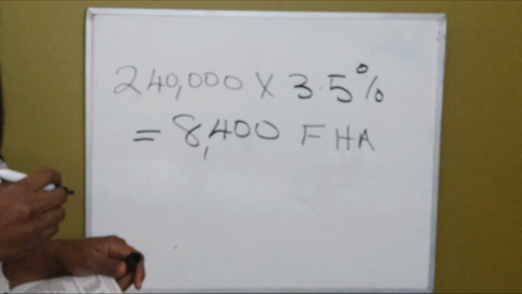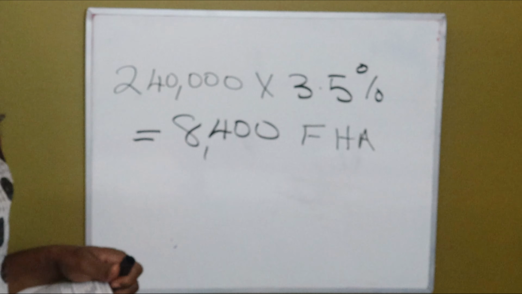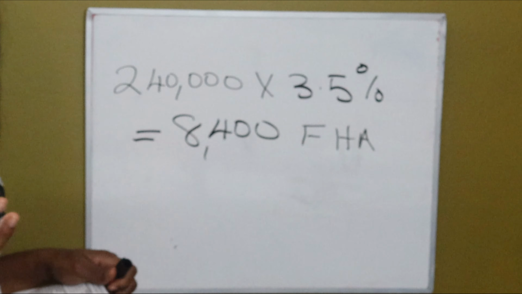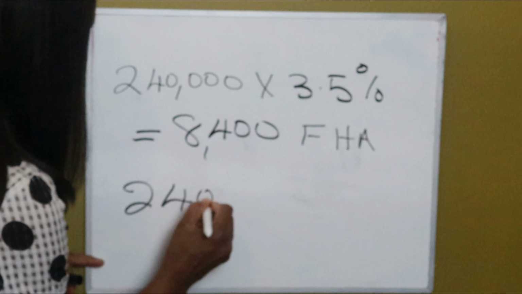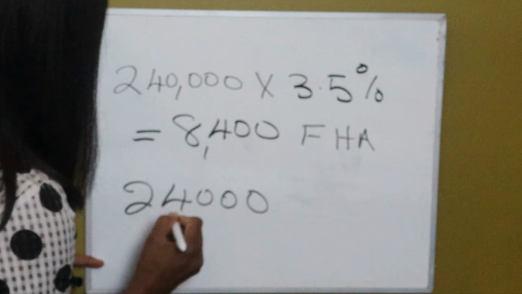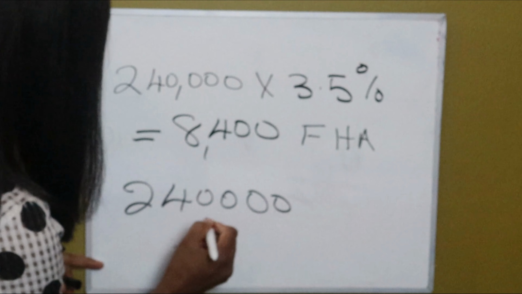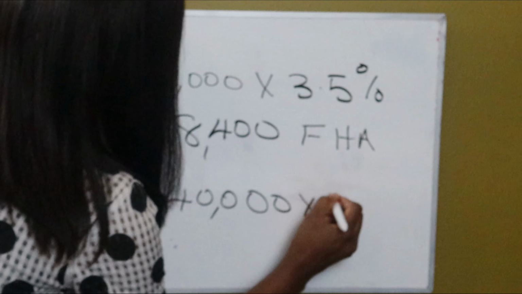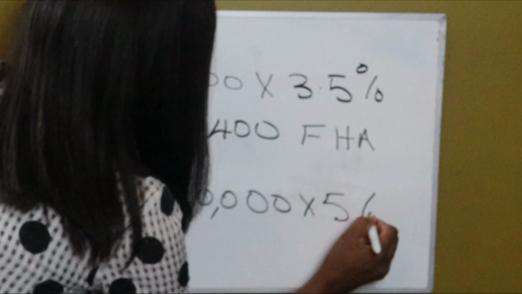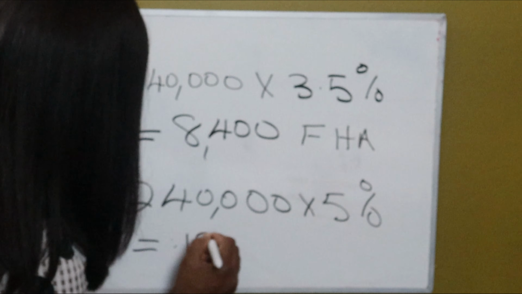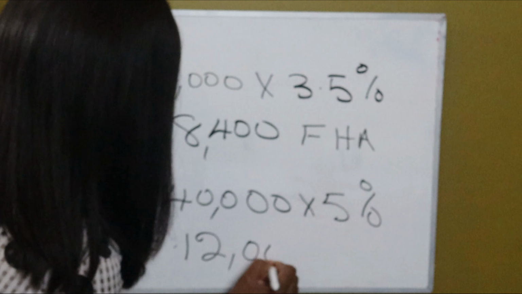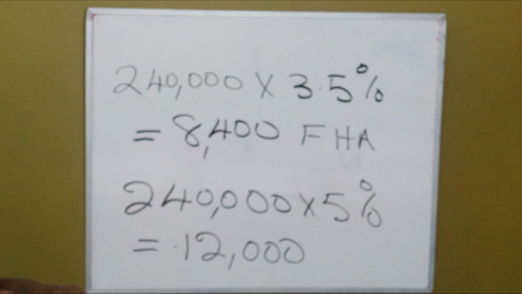Now, if you decide that you want to go conventional because you have the credit score that is required for that, it's $240,000 times at least 5%, and that is going to equal $12,000.